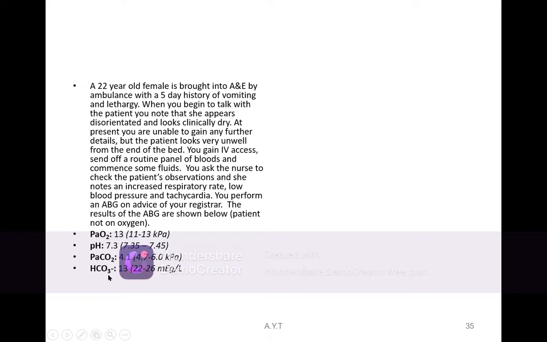And the bicarbonate level is 13. 13 means that it is lowered.